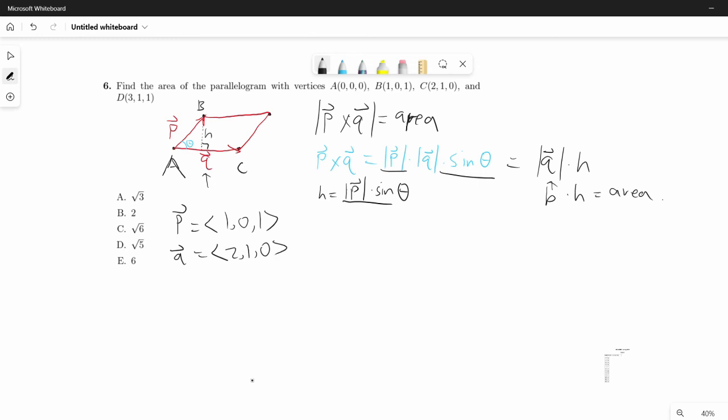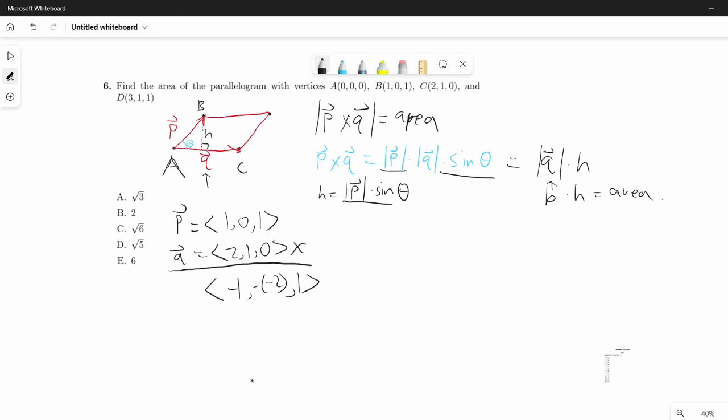And when we cross this, looking at the first column, we have 0 minus 1, which is negative 1, sorry. Second column, the negative of 0 minus 2. And third column, it'll be 1 minus 0.